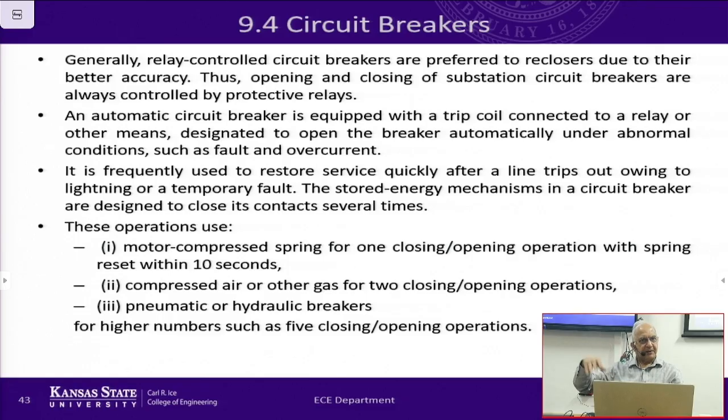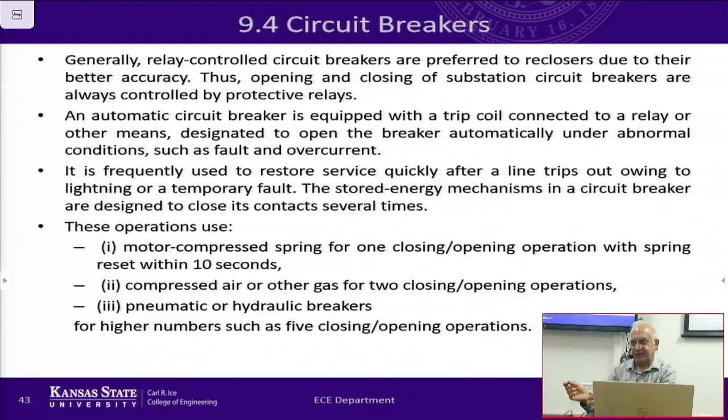There will be some kind of a small building inside where all the electronics and protective equipment is placed. So there'll be panels where we would have these relays mounted. And again, you could have a reclosing facility as part of the operation of a circuit breaker, because, keep in mind, recloser and reclosing are two different things.